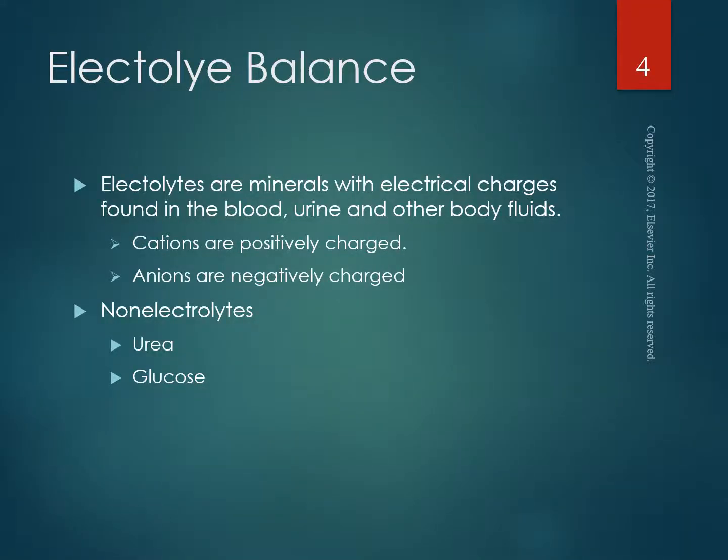So we're going to talk about electrolyte balance. Electrolytes play a crucial role in homeostasis. Electrolytes are minerals with electrical charges found in blood, urine, and other body fluids. Electrolytes in the body include sodium, chloride, potassium, calcium, magnesium, and phosphorus. Electrolytes are substances that are known as ions.